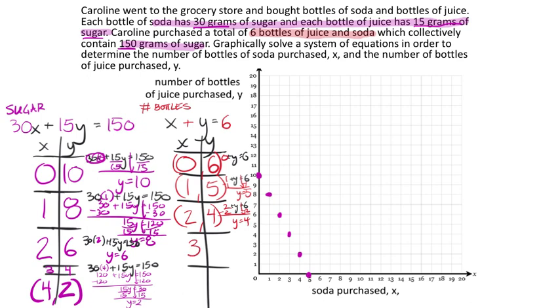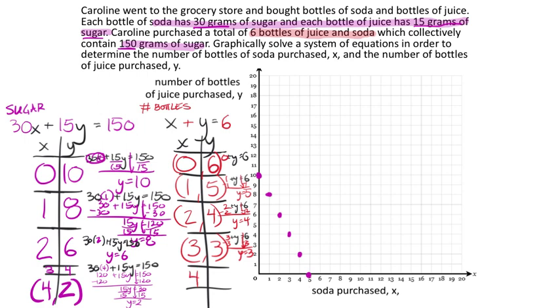What happens when we get 3 of these soda bottles? So the equation would be x plus y equals 6. But now we're replacing x with 3. So to solve this, we would subtract 3 from both sides. Y is 3. So 3, 3. I'll give myself an extra blank there.